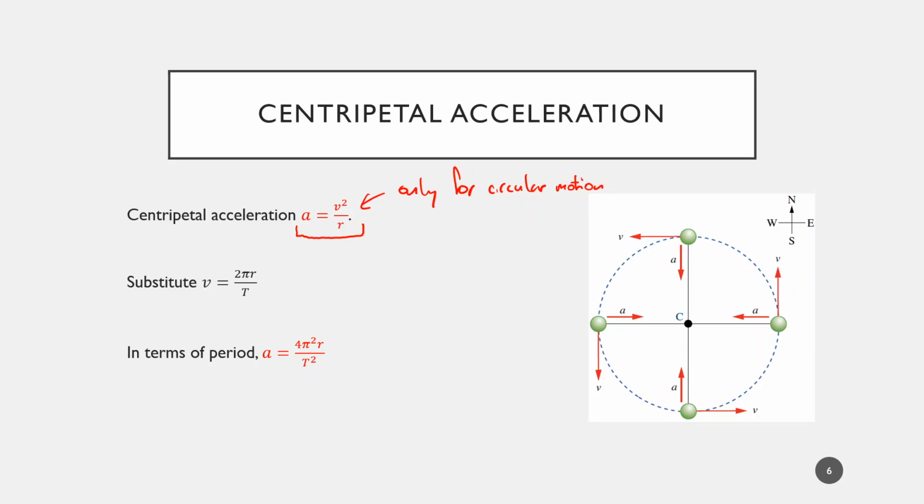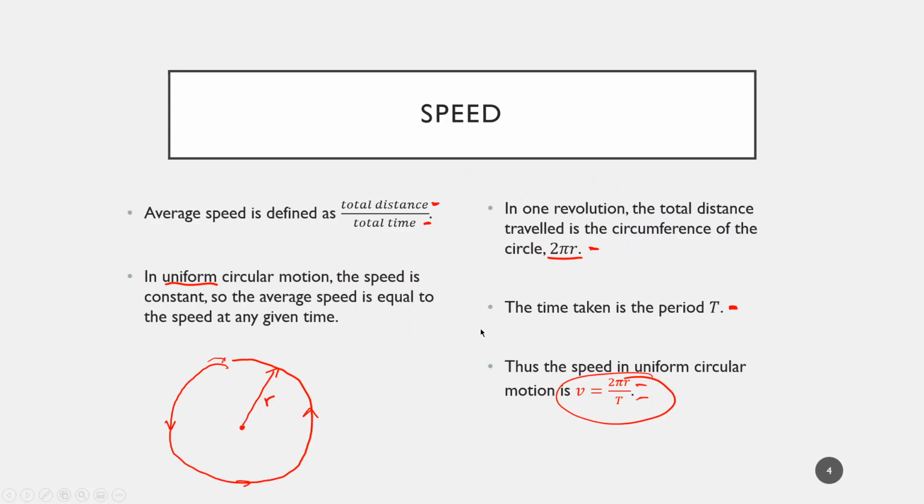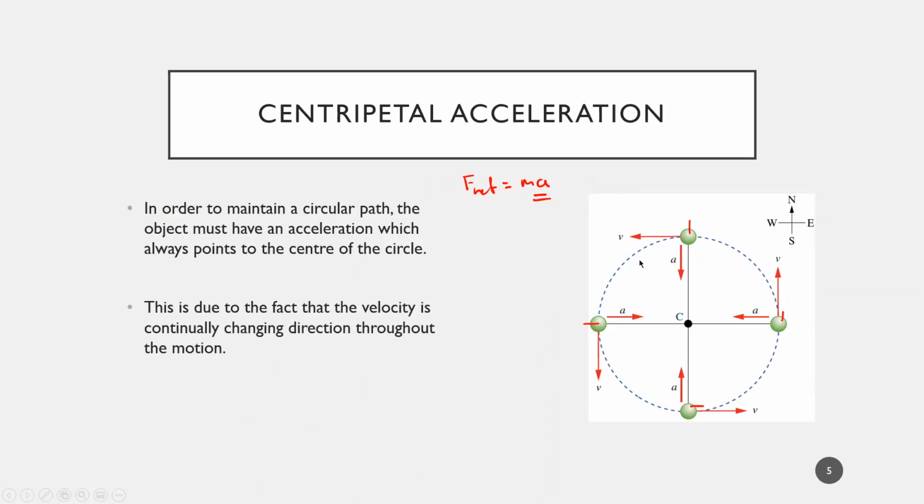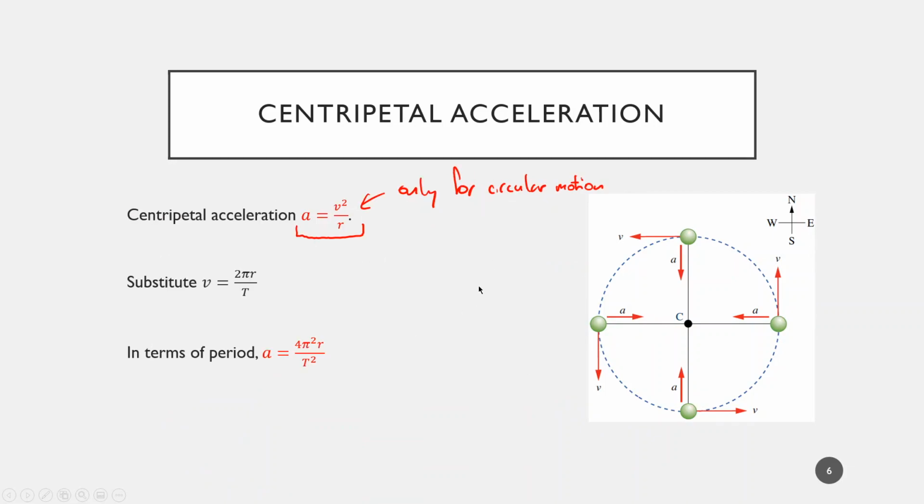Now, if I go back a couple of slides and use this formula here for the velocity and substitute that into my formula for acceleration, we get this nice little equation relating the radius of the circular path and the period to the acceleration.